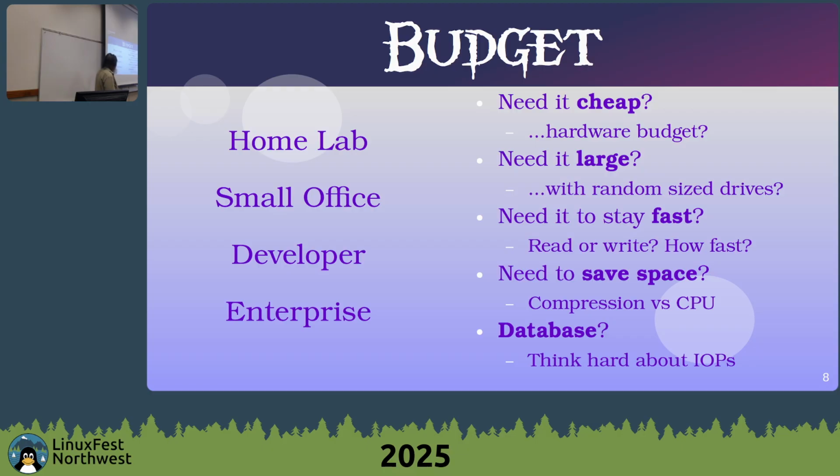Do you need to save space? Do you want to use high compression and have a possibly CPU-bound system? And do you want to put a database on it? What are your expectations for database IOPS? Because databases come in all shapes and sizes.